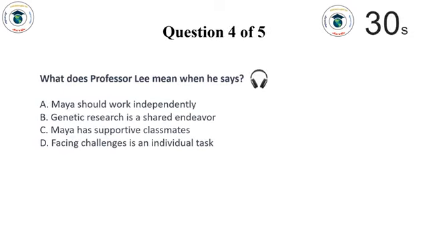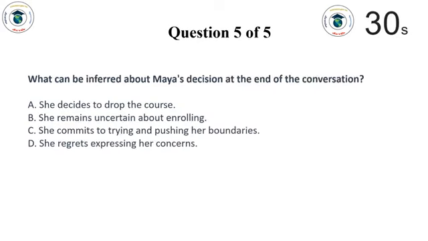What does Professor Lee mean when he says, "And in this journey, you're not alone." What can be inferred about Maya's decision at the end of the conversation?